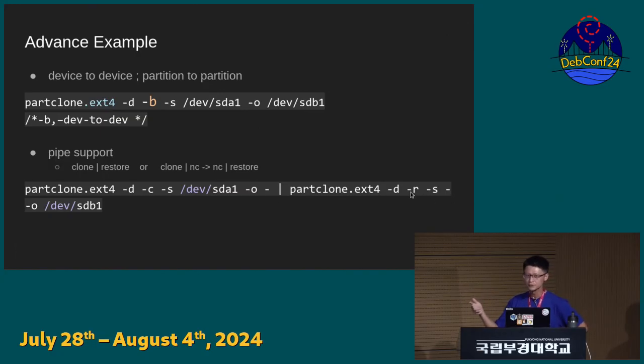The pipe is very important if you want to archive or compress the image. You can just dump the image to the next program. Some users use the naked NC, so you can pipe to NC and transfer the image to another machine, run NC on the other machine to receive the image, and then restore to the remote machine.